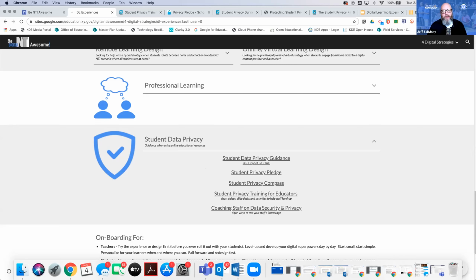And so that privacy thing, again, is not just student data privacy, but having students take the role of also being actively engaged in protecting themselves. It's part of that digital citizenship concept. But student data privacy, super big.